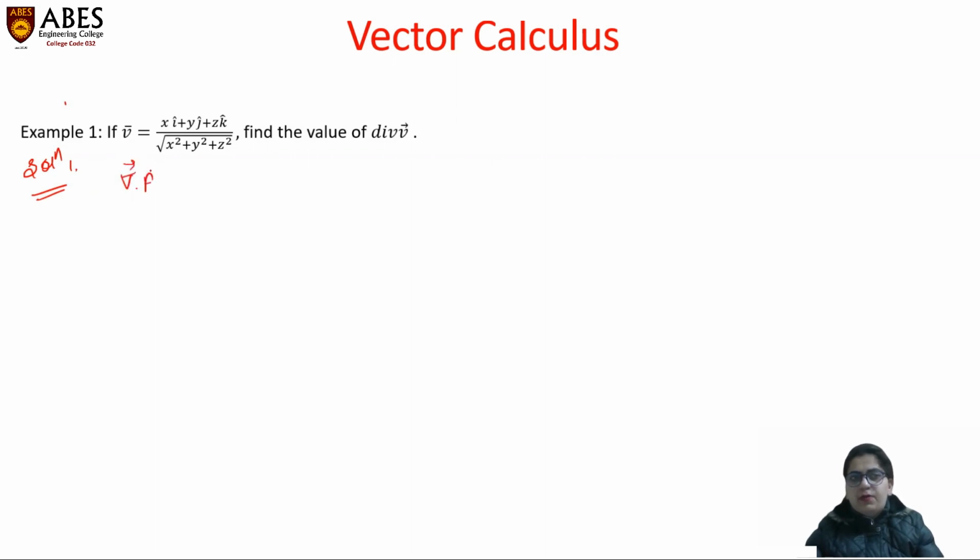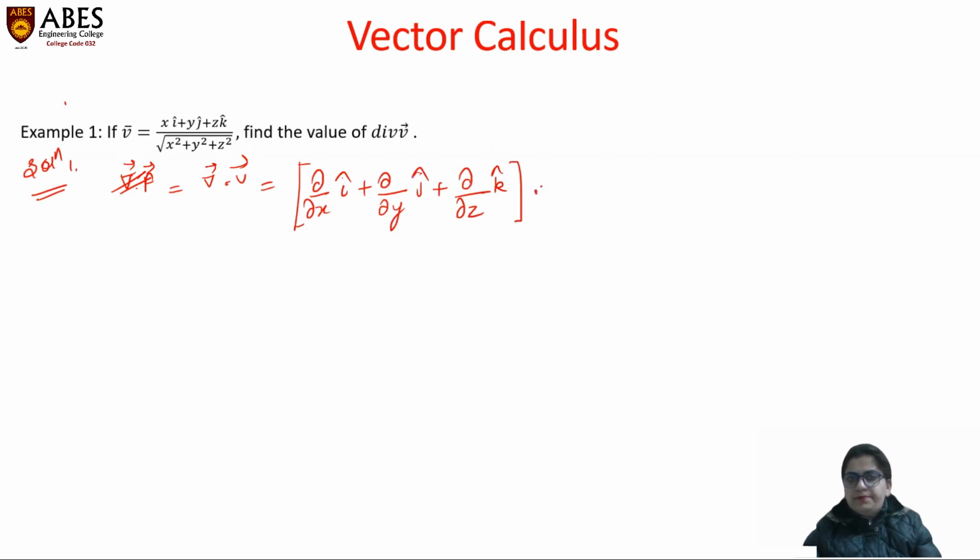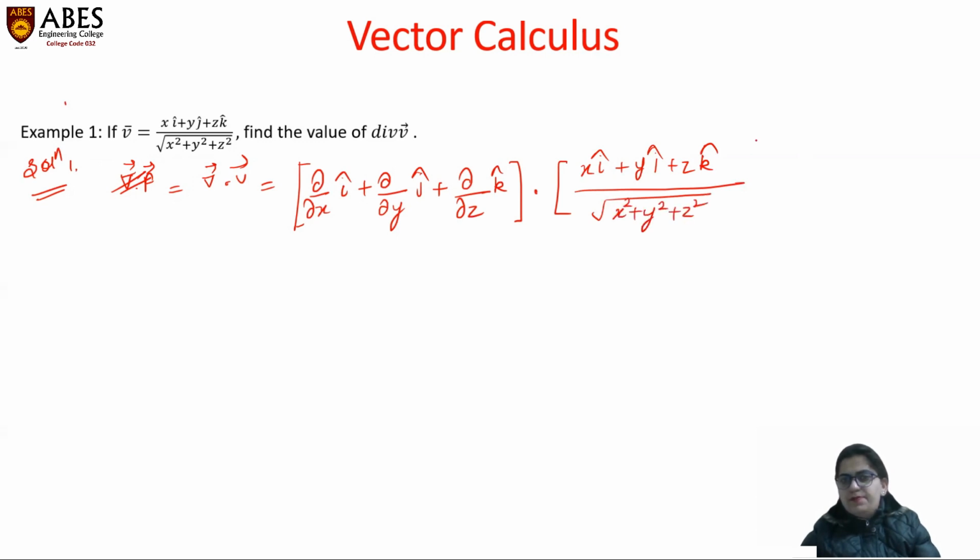Again, we'll be taking the dot product, del dot this vector, that is del dot V. So del dot V, again we'll be taking our del vector, that is del over del x i cap, del over del y j cap plus del over del z k cap dot this vector, that is x i cap plus y j cap plus z k cap over root of x square plus y square plus z square.